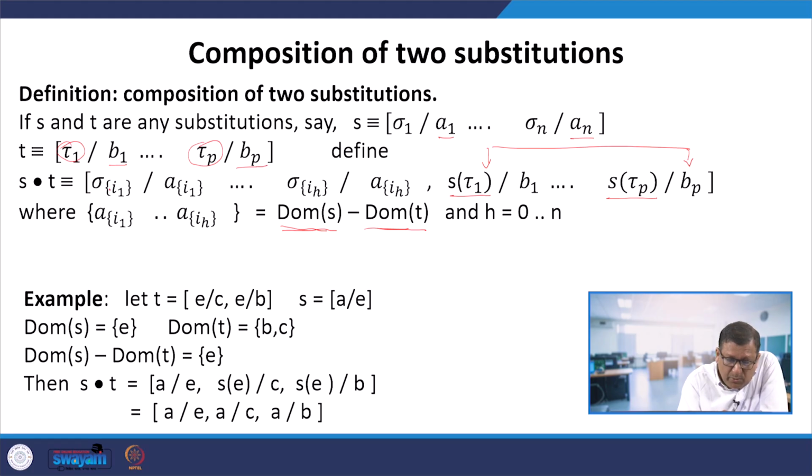This is sigma, we are writing A1 and so on, and these elements are coming from this.